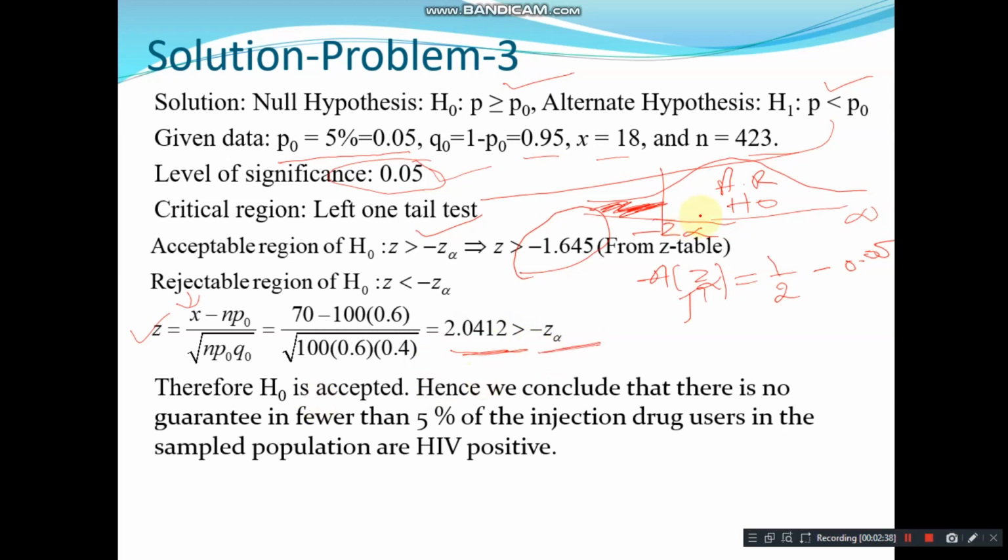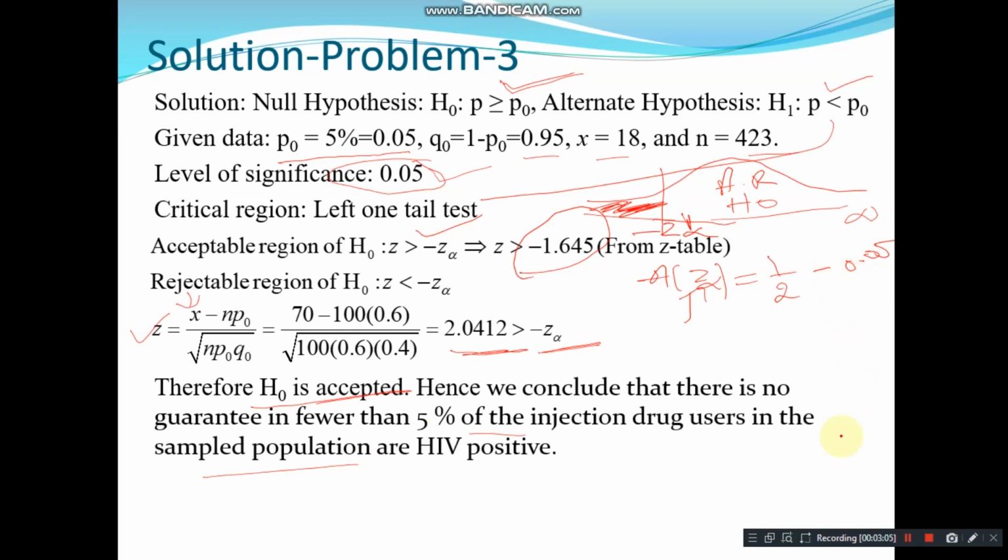So therefore it lies in the acceptable region of H0. So H0 is accepted. Hence we conclude, but what actually H0 is opposing is the given statement. So that's why there is no guarantee that fewer than 5% of injection drug users in the sample population are positive. So that's why it gives the conclusion like this.